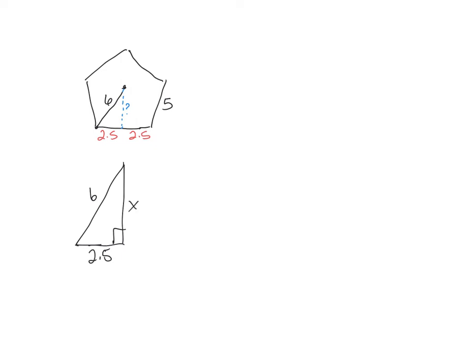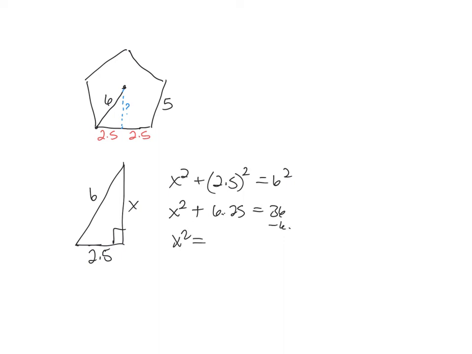Well, I know 2 sides, and I need to figure out the third side of a right triangle. So I can do x squared plus 2.5 squared equals 6 squared. I can just do Pythagorean theorem. 2.5 squared is 6.25.